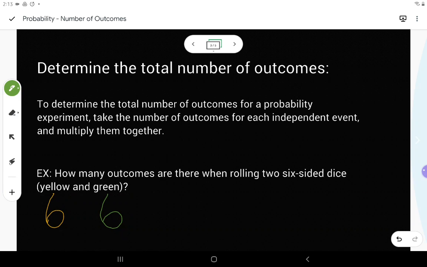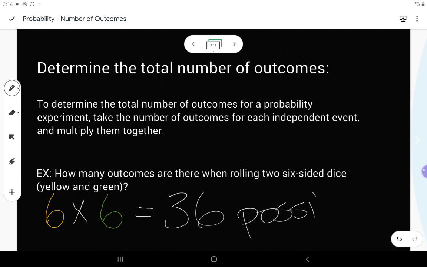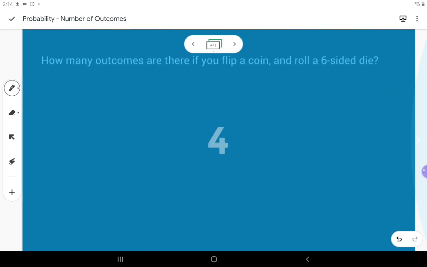And to determine the total number of outcomes, if I've got 6 yellow possibilities and 6 green possibilities, in total there are 36 possible outcomes. Now, I didn't list all of them, but I know that in total there's going to be 36 possible outcomes, right? So if all I'm looking to do is figure out how many things could there be, I'm just going to take the total for each and multiply them together really fast, right?